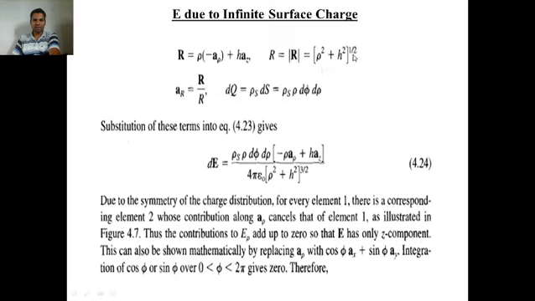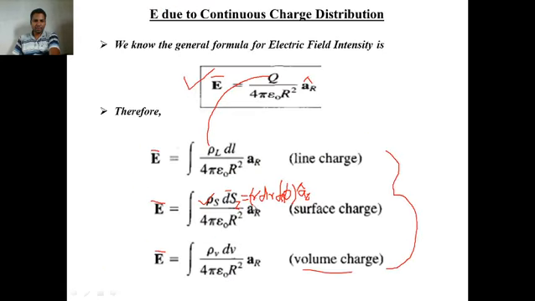The unit vector we obtained by dividing this vector by its magnitude. And dq is replaced by rho s dS. And what is dS? dS is nothing but r d phi dr, that means r dr d phi.